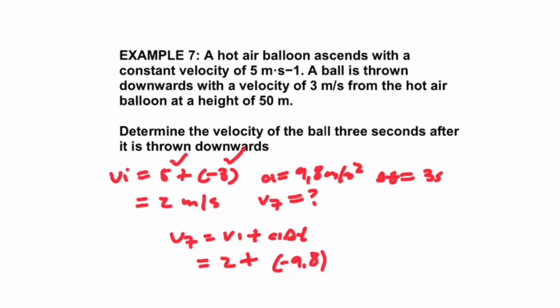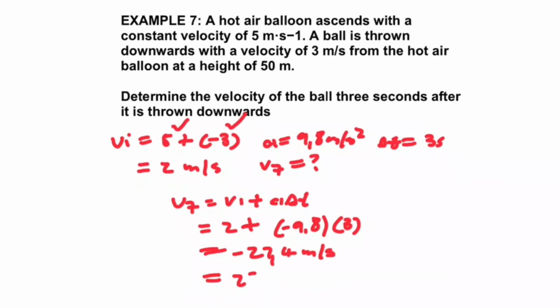The time, the scalar, always positive, so we multiply that by 3. Minus 27.4 meters per second. Well, this is just 27.4 meters per second downwards. That negative sign tells us that it is downwards because we're taking up as positive.